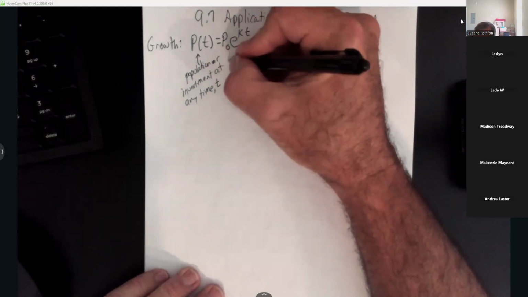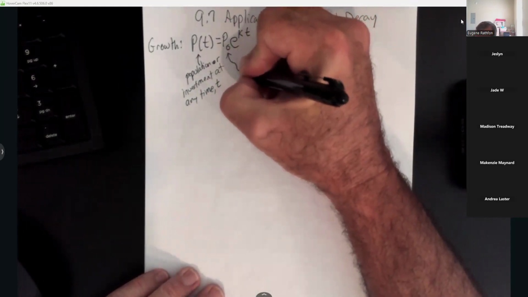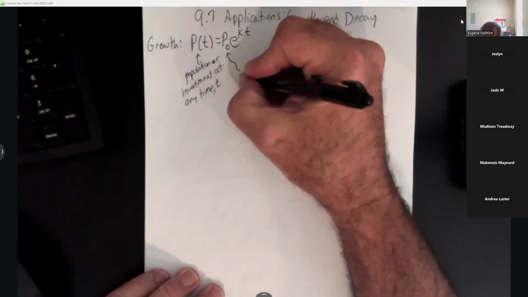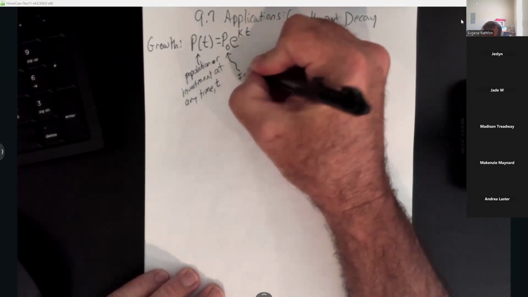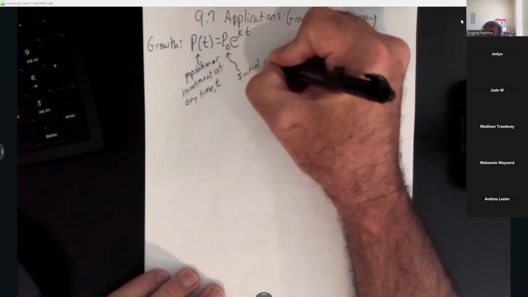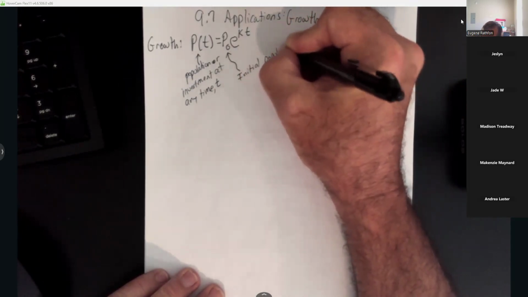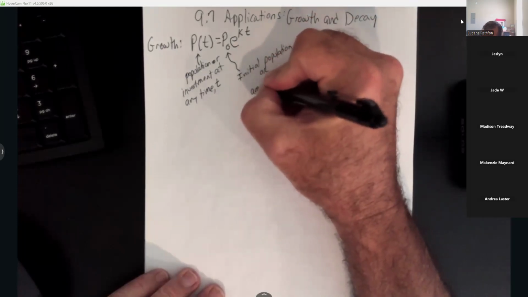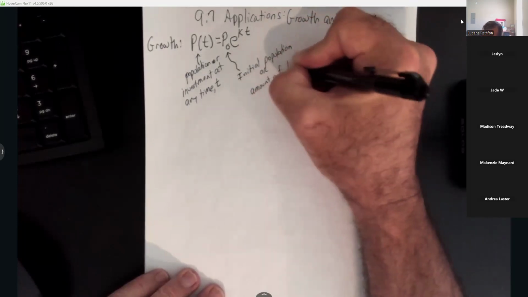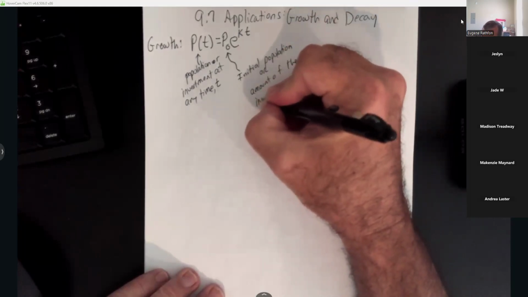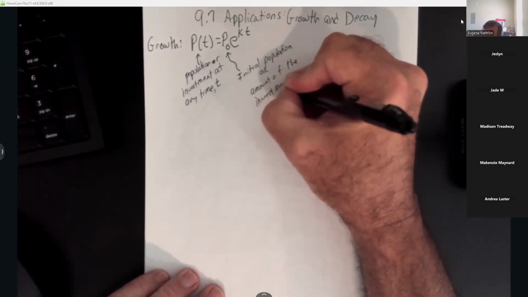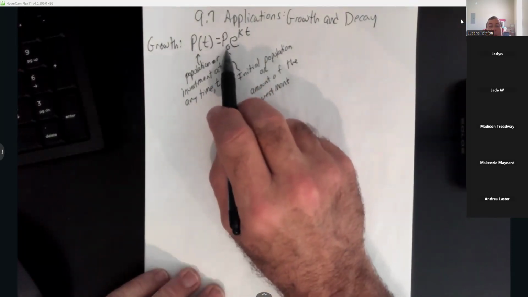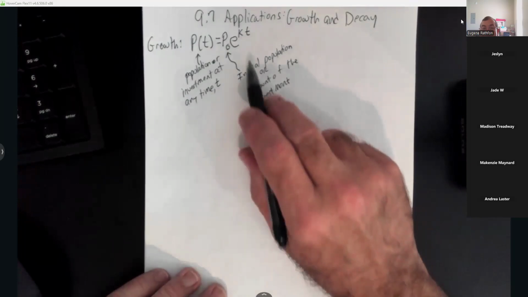So this P sub O here, P sub O is the initial population or amount of the investment. Okay, so that's what this P sub O is. O stands for the initial amount.